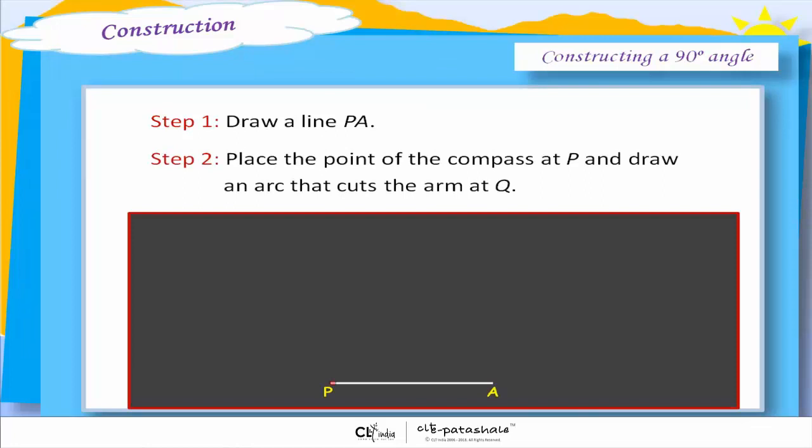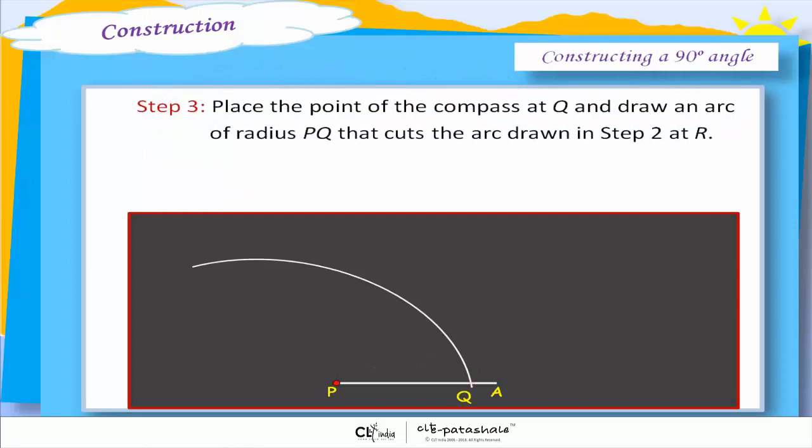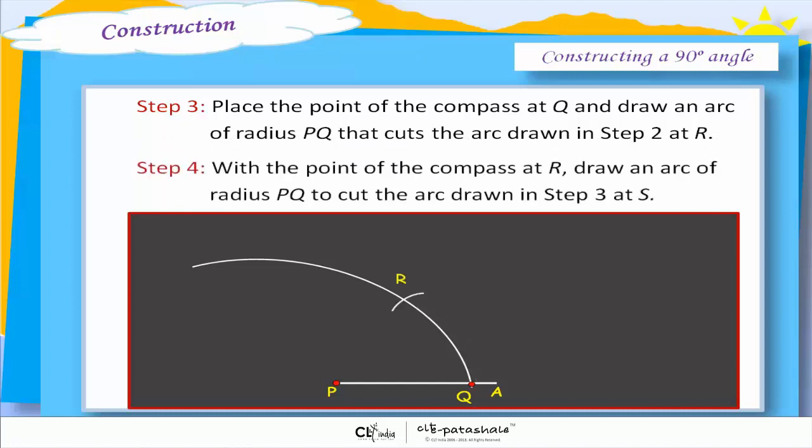In the second step, place the point of the compass at P and draw an arc that cuts the arm at Q. In the third step, place the point of the compass at Q and draw an arc of radius PQ that cuts the arc drawn in step 2 at R. In the fourth step, with the point of the compass at R, draw an arc of radius PQ to cut the arc drawn in step 3 at S.